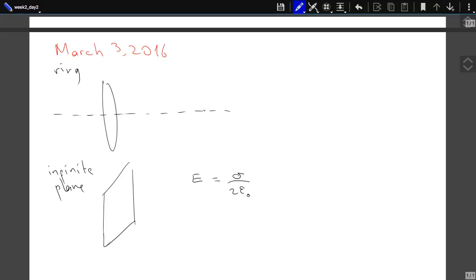At every point, they are tangent to the electric field, so that is how we define them. They should be tangent to the electric field.